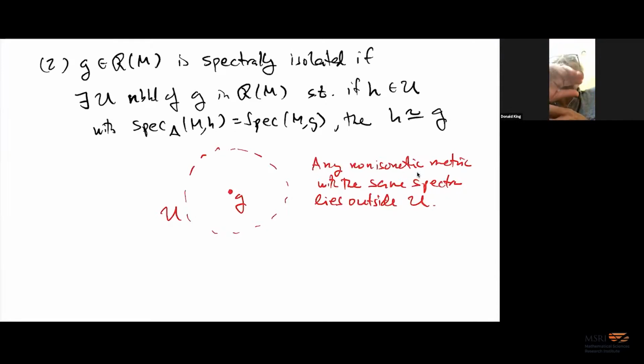I won't read the definition, but the point is we want to know to what extent our eigenvalues are picking out a special metric.